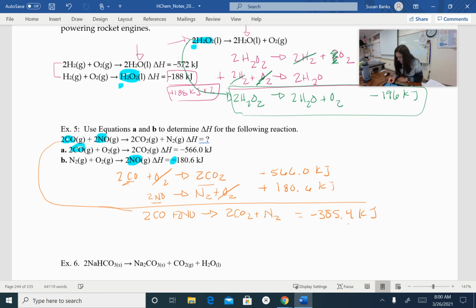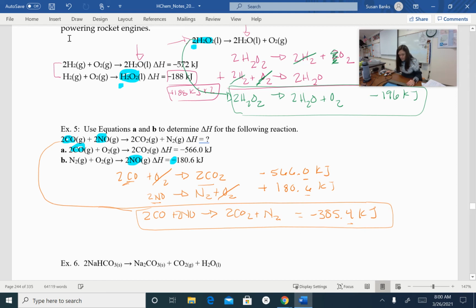And yes, I can go all the way to the 10th because both of these values go to the 10th. Remember, when we add, we go to the nearest place value, or the least accurate place value, and that's the 10th in both of these cases. So I can get my delta H for that reaction.